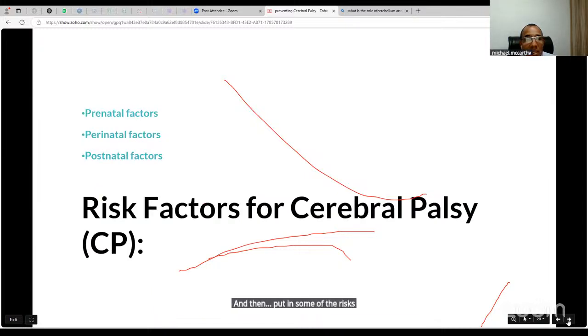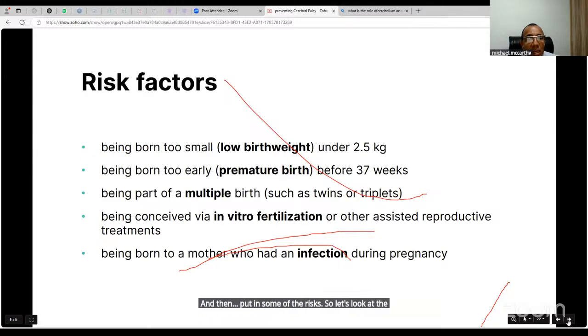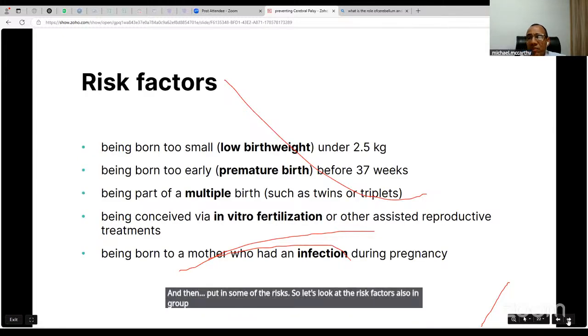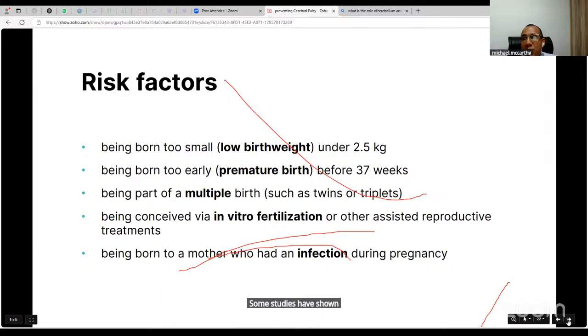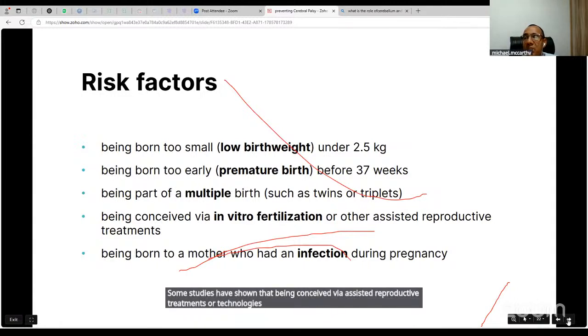So let's look at the risk factors also in a group. Very simply put in this slide: being too small, coming too early, being too many at a time, as in multiple pregnancies. Some studies have shown that being conceived via assisted reproductive treatments or technologies also puts the babies at risk.